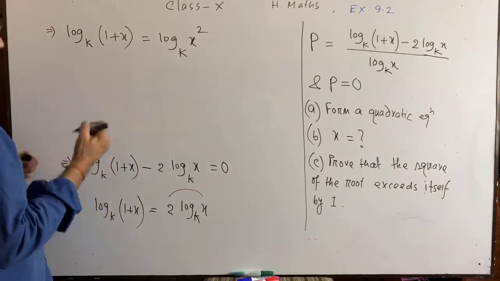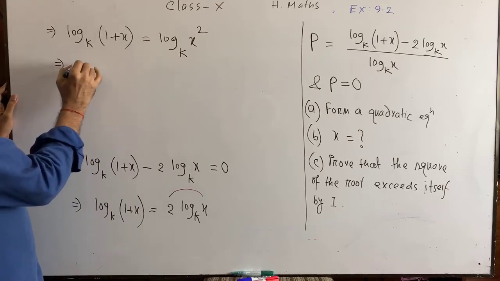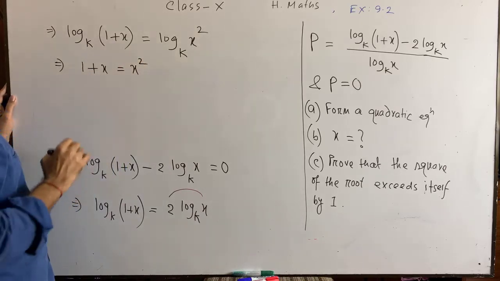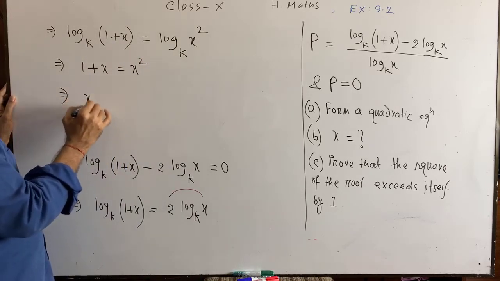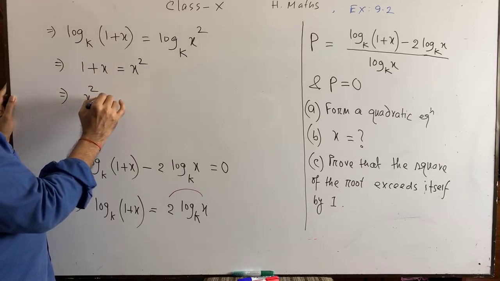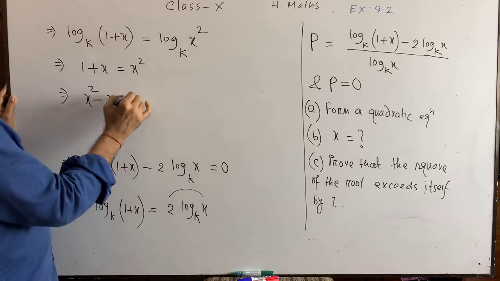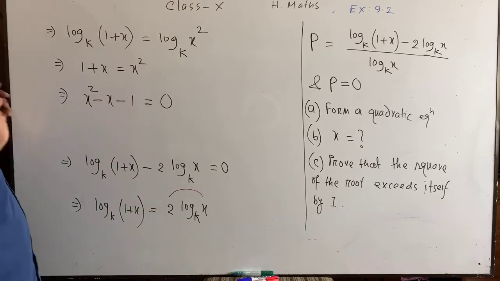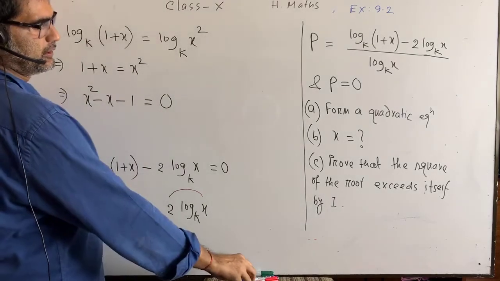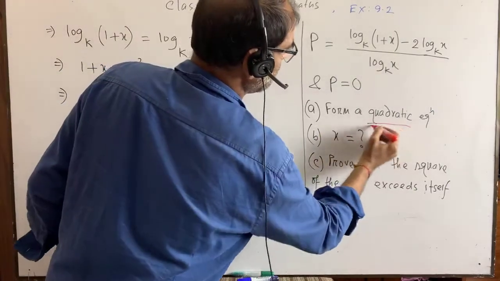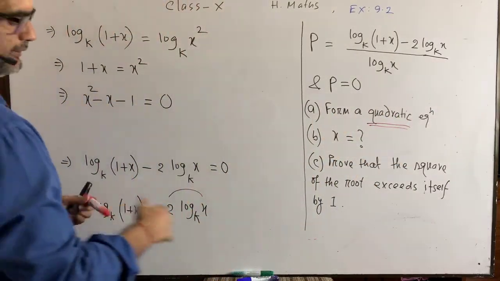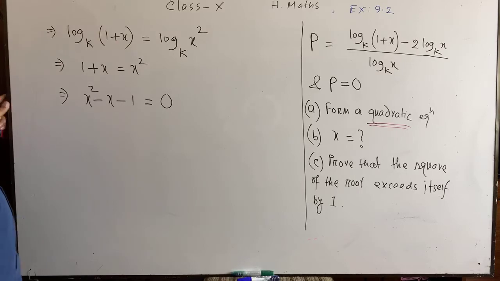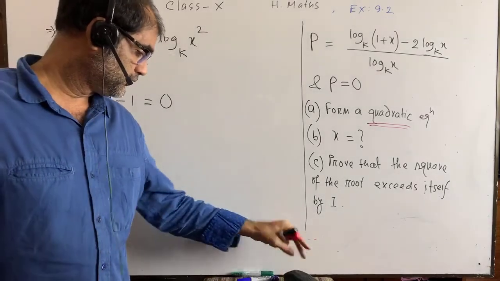Now we can write from here 1 plus x is equal to x square. That means x square minus x minus 1 is equal to 0. So this is our required quadratic equation. Please try to understand. Try to get it.